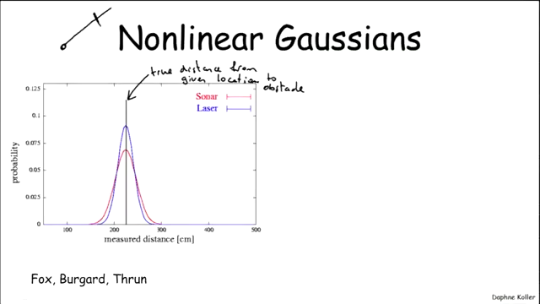In this case, that distance is 220 centimeters. And what this tells us is that a sonar is a Gaussian. You can see this is the sonar, the red is the sonar, a Gaussian around that true distance.